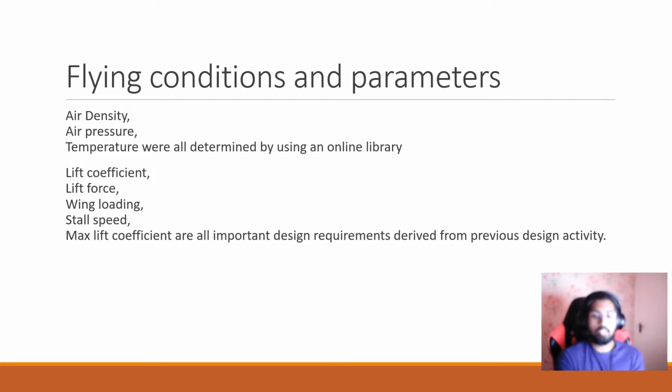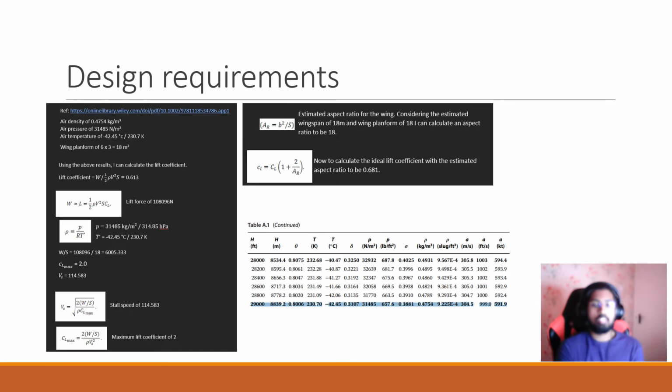To save time, I decided to use an online library to help determine the air density, air pressure, and the air temperature, where it had detailed tables highlighting specific flight conditions at specific altitudes. The rest of the calculations were done using the provided equations to establish more design requirements.